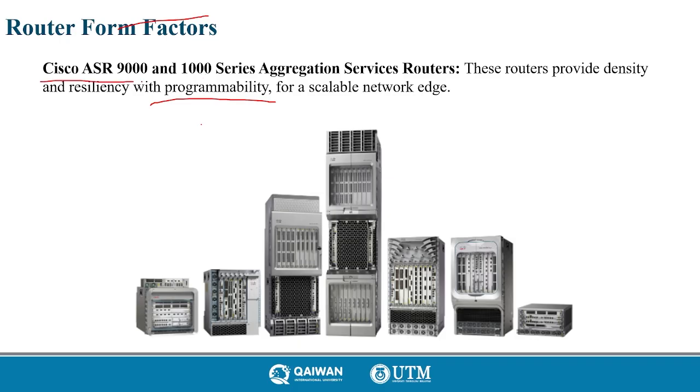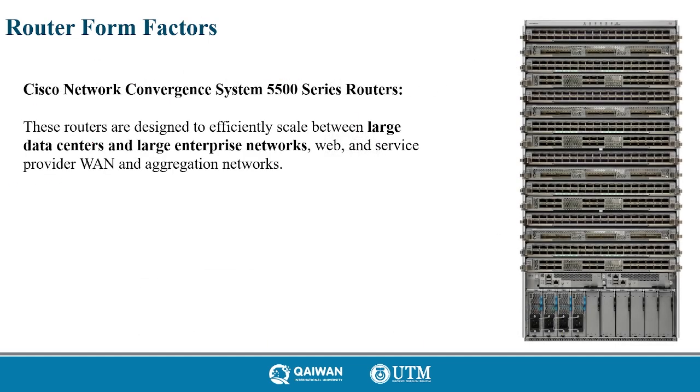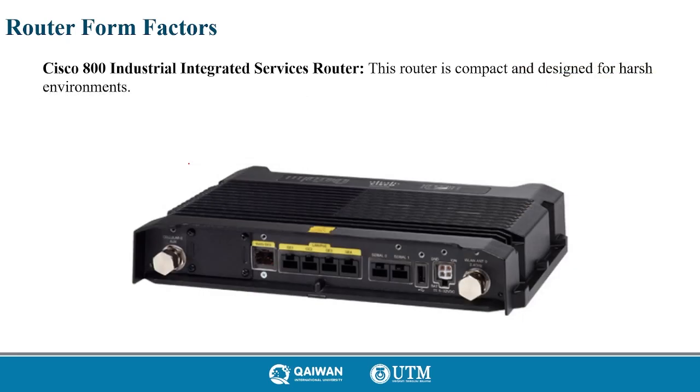However, the Cisco ASR 9000 and 1000 series would be very good for this case. Now we have the Cisco Network Convergence System 5500 series service routers. These routers are designed to efficiently scale between large data centers and large enterprise networks. This would be the usage of this series.